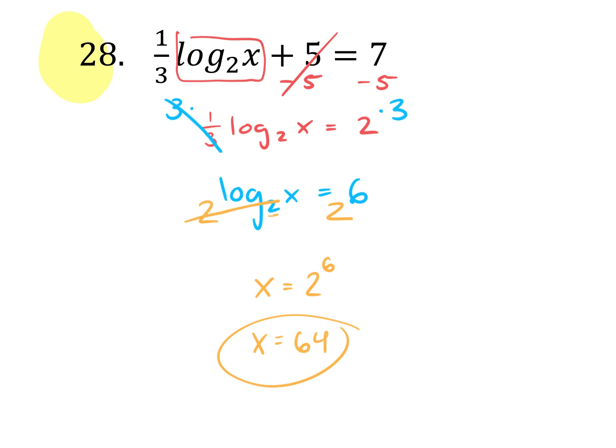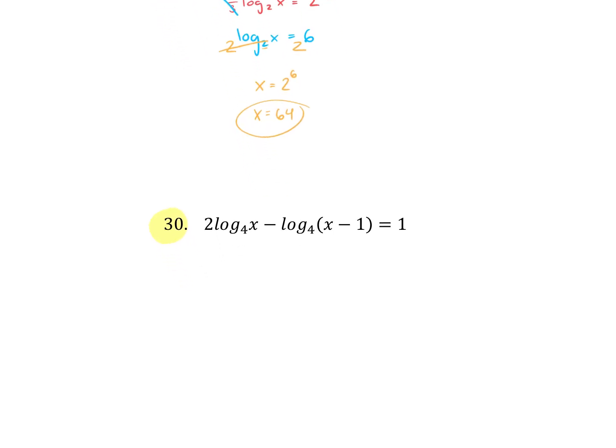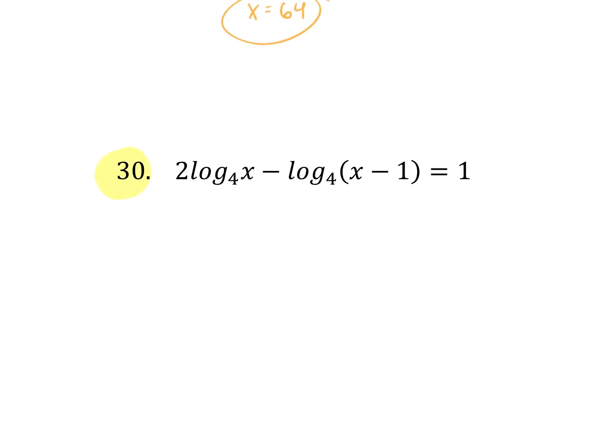All right, let's look at 30 right below it. What should we do here? So we know if we have a log equals a log, we can cancel them out. But here, I can't just move a log to the other side because I have that 1 on the other side. So let's condense it down to a single log.